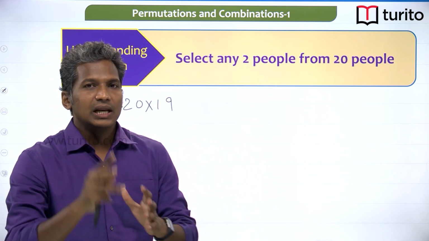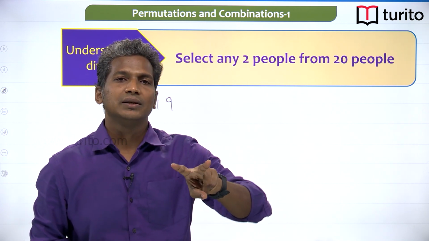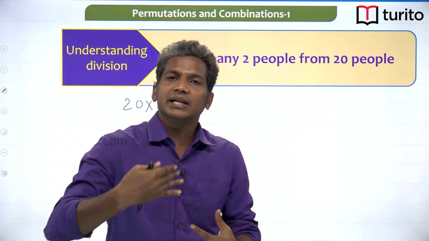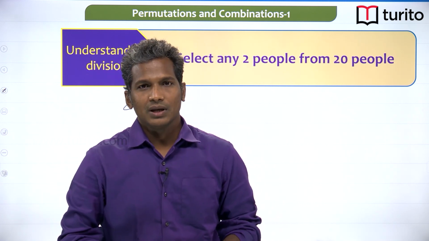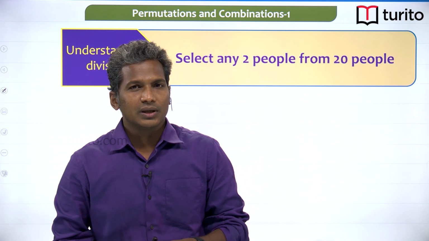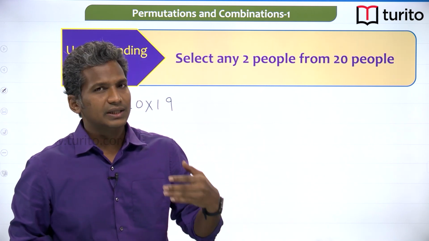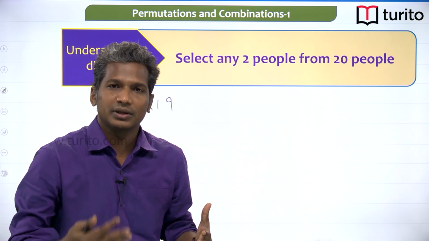Let us say you have A and B as the two people who got selected and they are sitting in front of you. Now, does it matter to you whether A came first or B came first? Of course not.